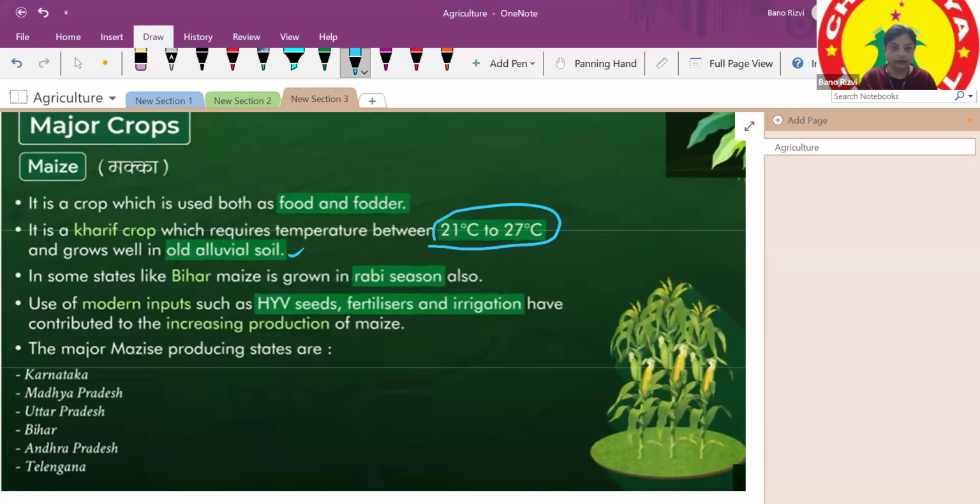Okay, and the use of modern inputs such as HYV, high yielding seeds, and fertilizers and irrigation have contributed to the increased production of maize, because it is now selling commercially. Okay, the major maize producing states are Karnataka, Madhya Pradesh, Uttar Pradesh, Bihar, Andhra Pradesh, Telangana. Okay.